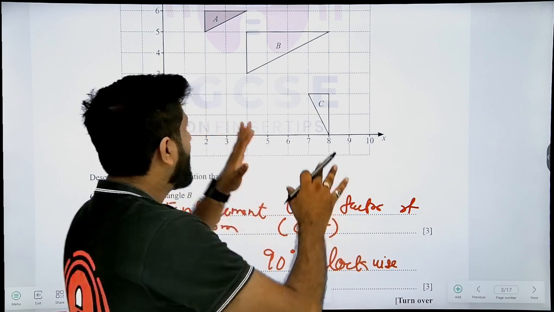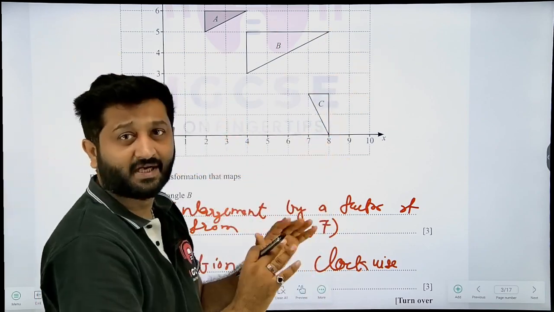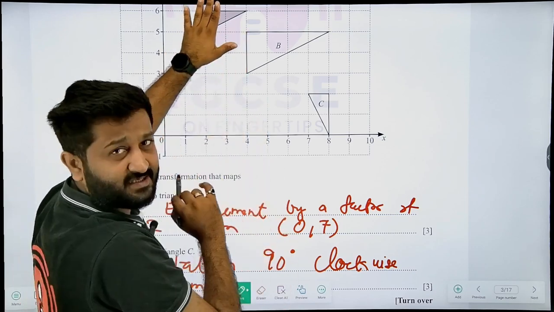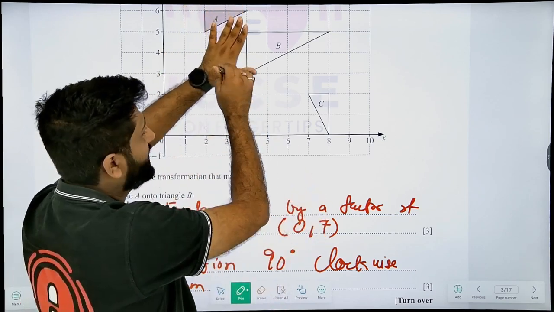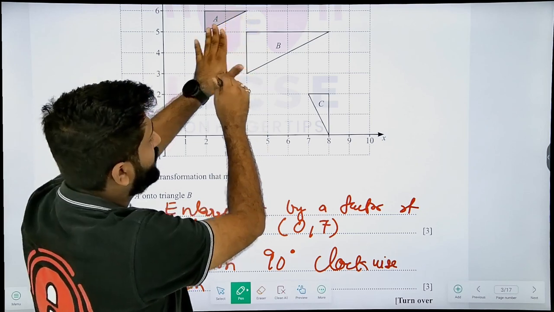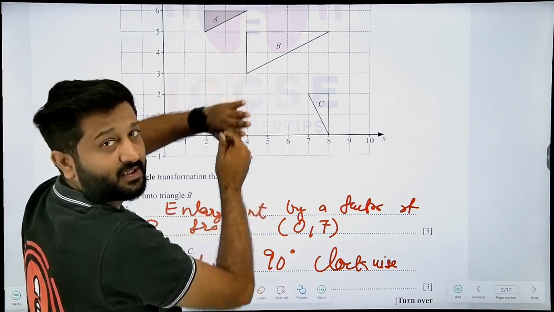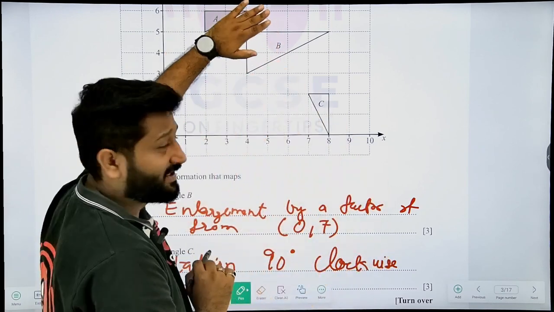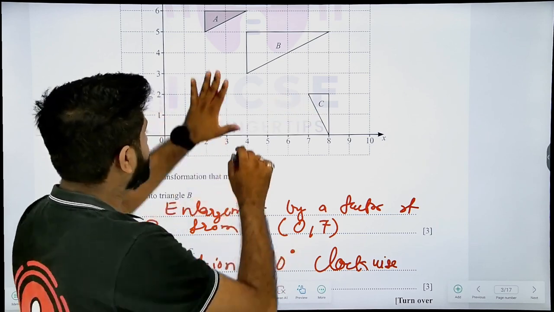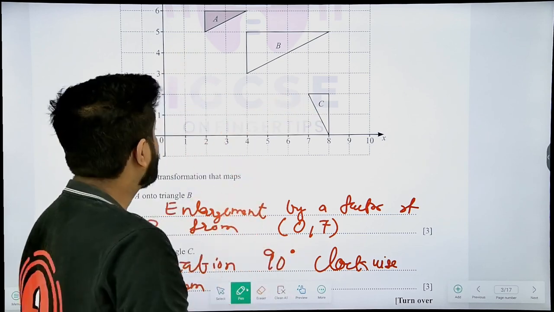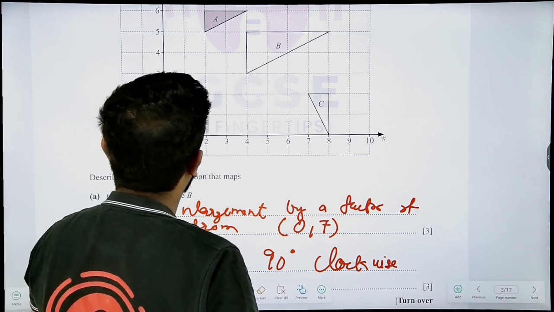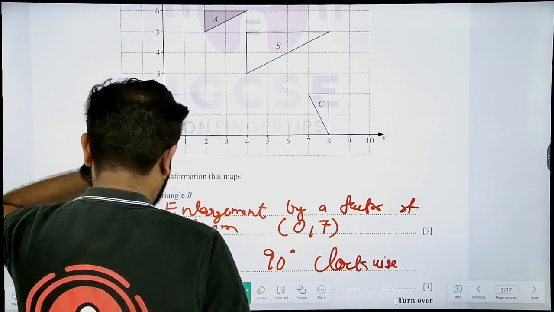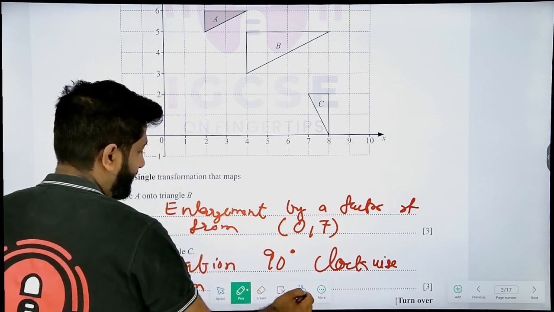Put the tracing paper above your paper, draw the figure on the tracing paper, then take a compass, fix it on the tracing paper and try to rotate it 90 degrees and see whether the tracing matches the image or not. You can do trial and error for that. But here it seems that the center is (3, 1).